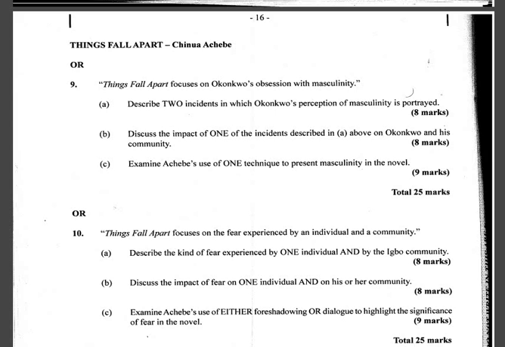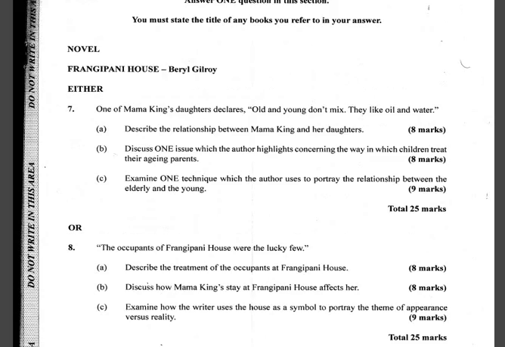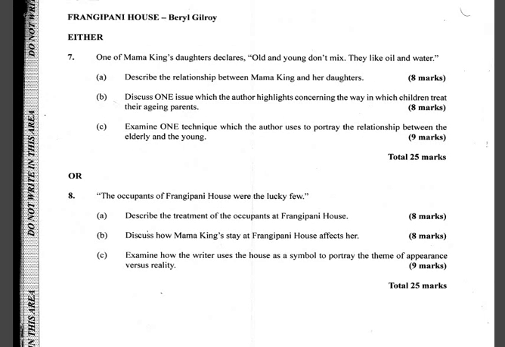But ensure that when you go, you look at the question that is the most manageable for you. So although you prefer Things Fall Apart because you love the protagonist, when you go in the exam, you might find out that, wow, it's actually Frangipani House that I can find a lot of information to write about.